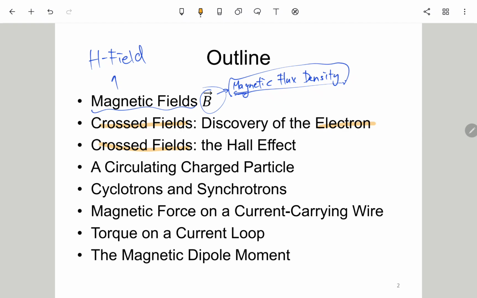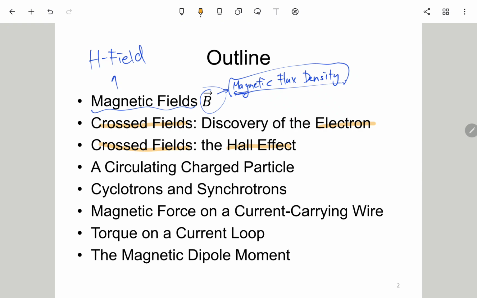Also, another experiment called the Hall effect, or the Hall experiment, is the ultimate, very clear evidence that the moving charges in the wire must be negative charge. It can't be positive charge moving in the opposite direction.